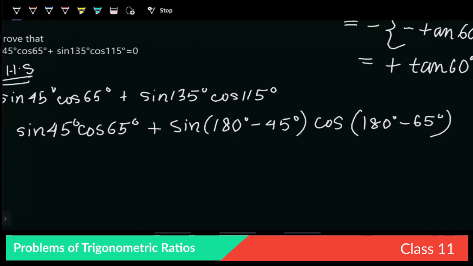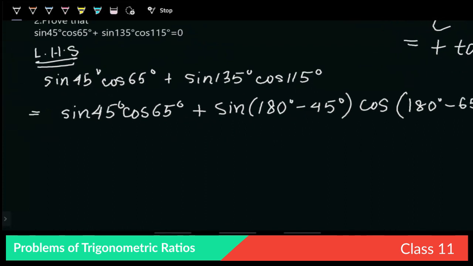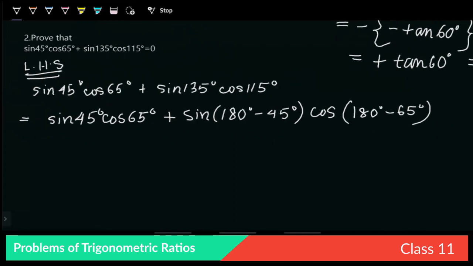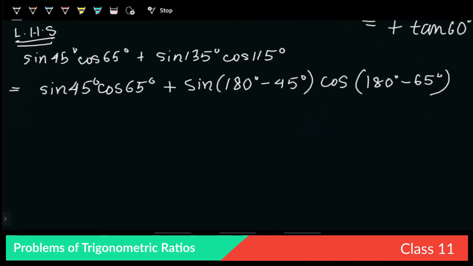So in place of 135 I have written 180 minus 45, and in place of 115 I have written cos 180 minus 65. I will keep the first term the same, sine 45 cos 65.